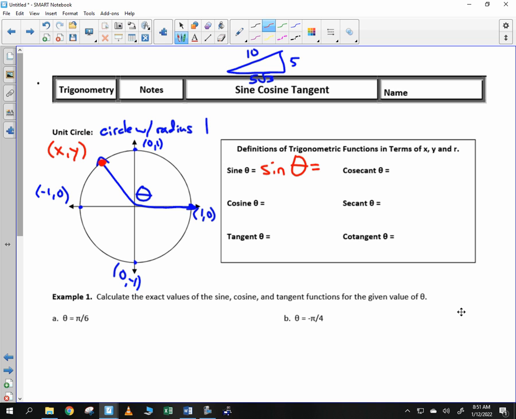And what sine of theta is, it's the y value of the terminal point divided by the r value. Now here's the cool thing. What is the r value in the unit circle? 1. So y over r would just be y.